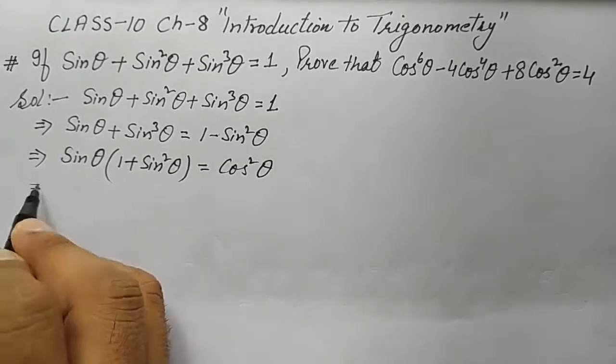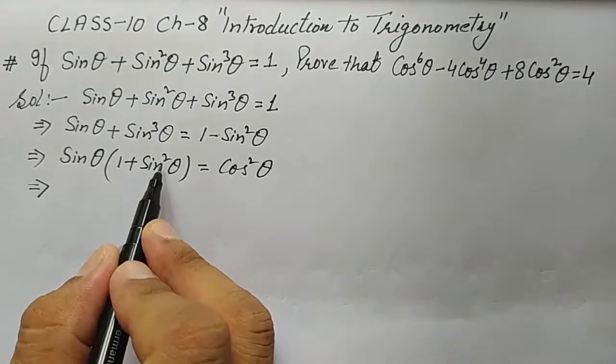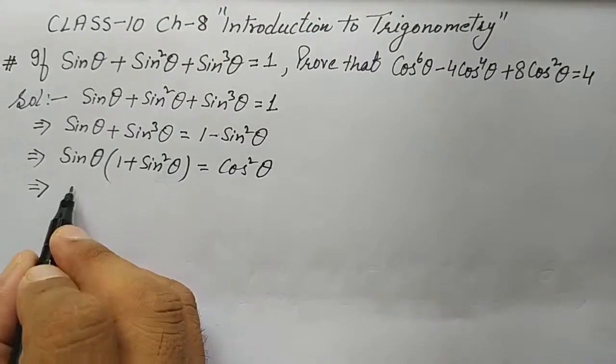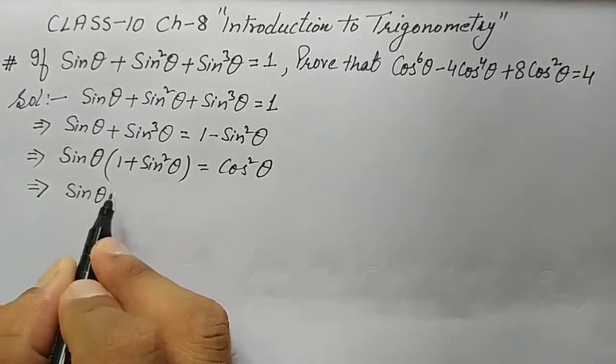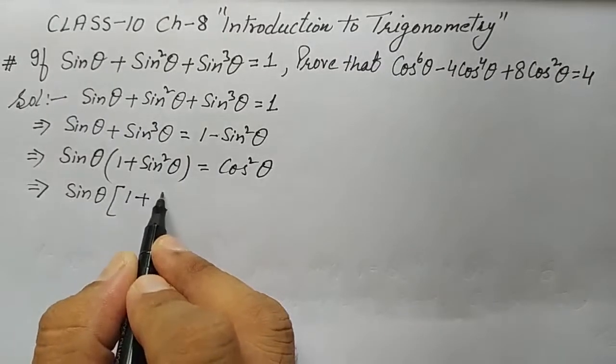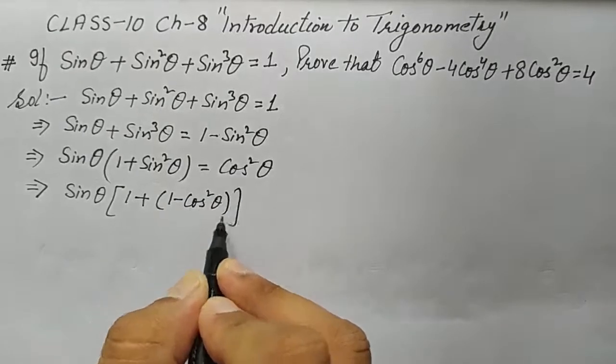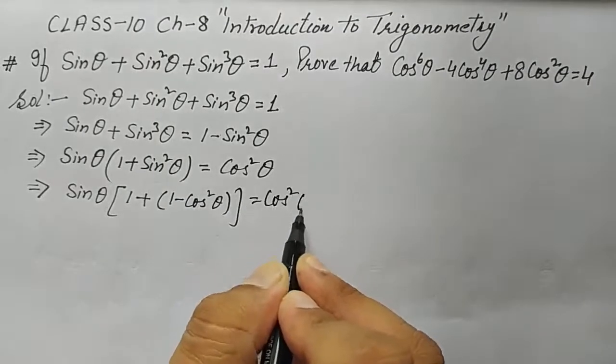Again we'll try to convert sin theta into cos theta. So here also sin square theta can be converted into cos square theta. So it becomes sin theta into 1 plus, this sin square theta can be written as 1 minus cos square theta, and the rest as it is.